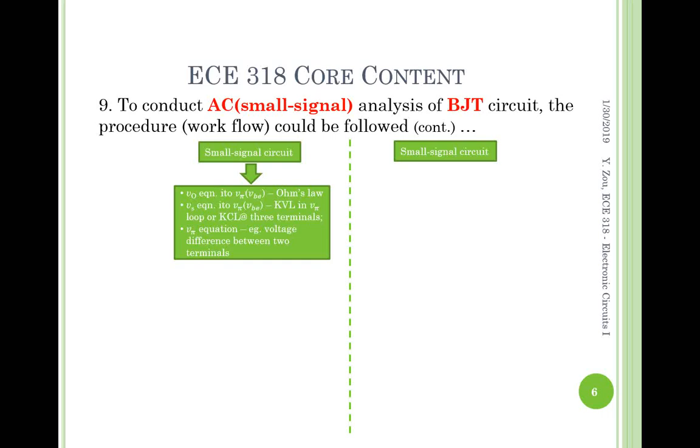The last equation is called the V pi equation. It's just like the VGS equation in the MOSFET circuit. It's easy, but very easy to forget. It is a voltage difference between two transistor terminals.